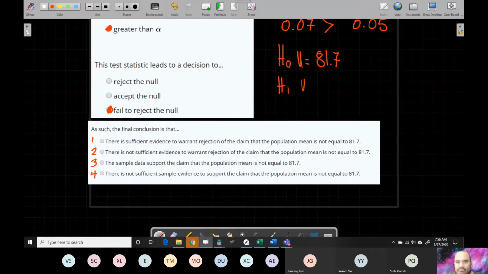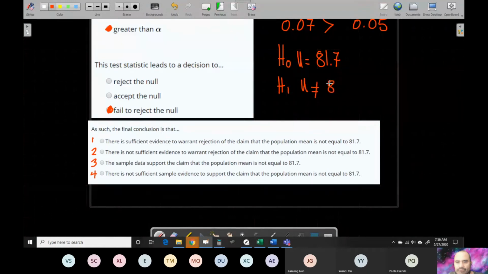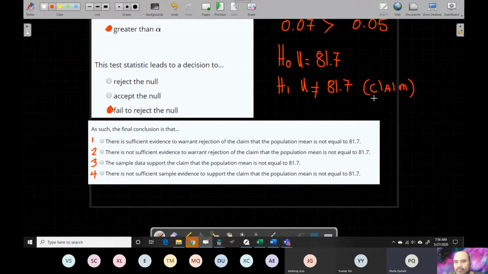And this one was mu not equal to 81.7. This is the claim. In other words, this is what we wanted to prove. But the only thing that we were able to do was not reject this. Do not reject.